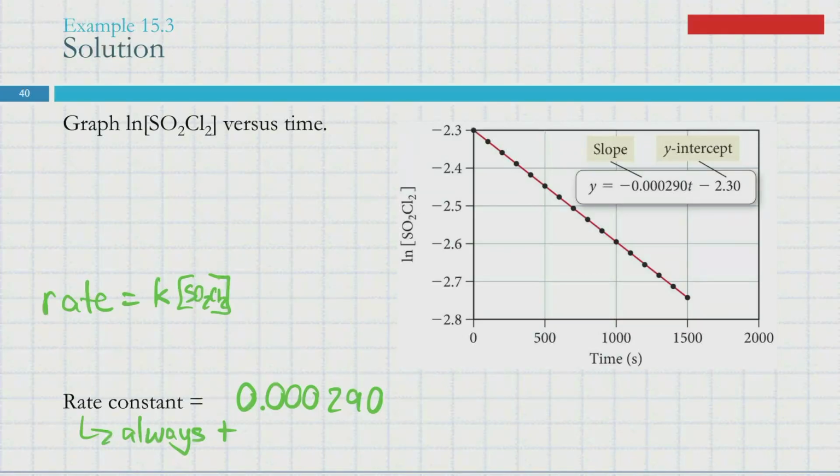Rate equals k times the concentration of S. Our rate is always going to have units of molar per second. We get our molar from the concentration, so our k has to have inverse seconds for the rate constant. Sort of just a pop quiz that I thought I'd throw in there for you.